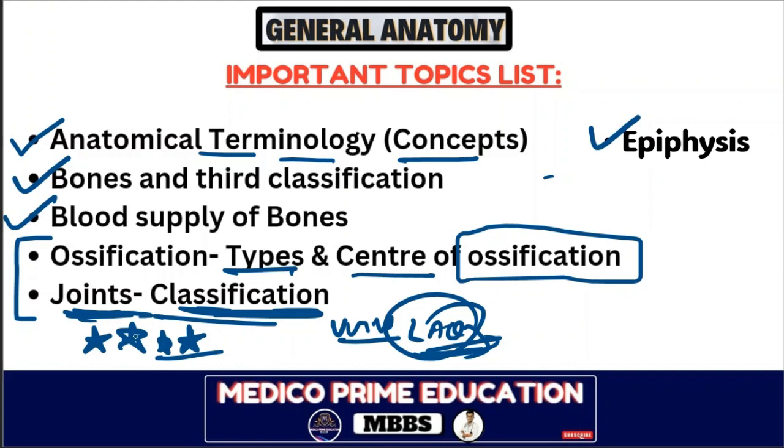So you must remember the types of joints, their classifications, and their examples, and you will use these units of anatomy in those chapters.